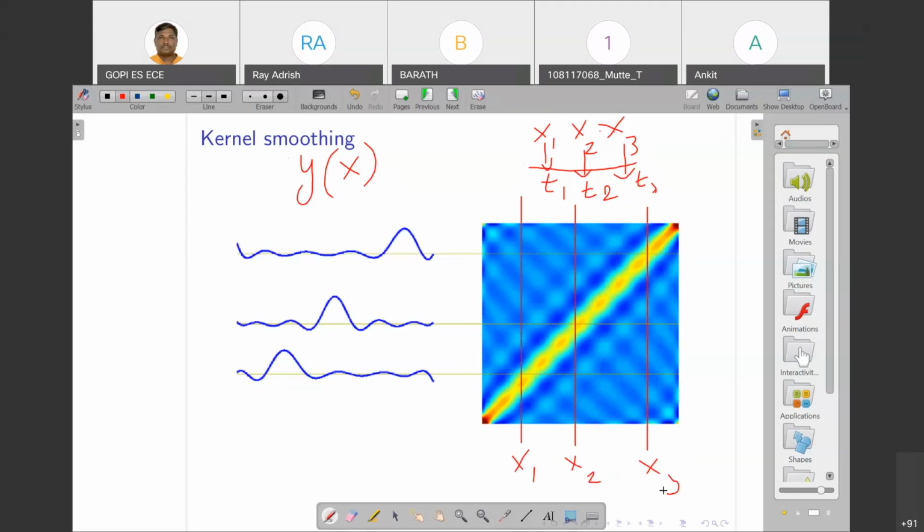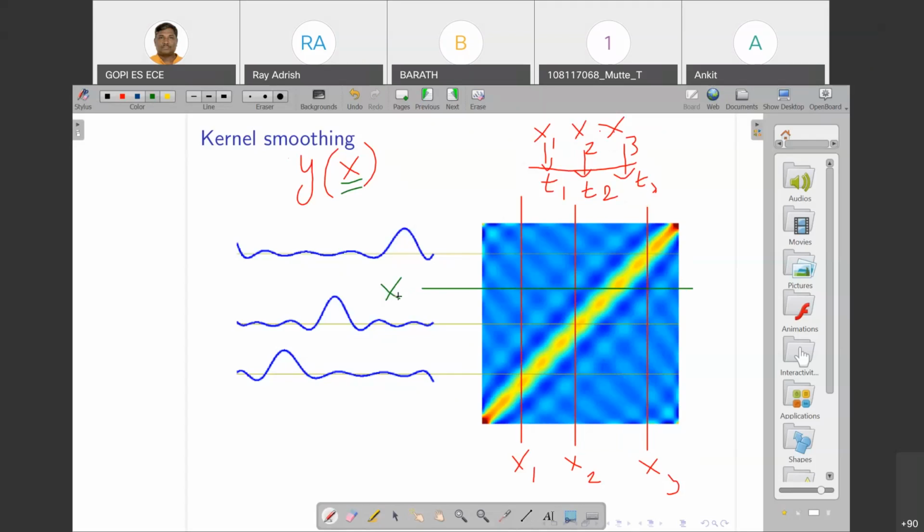If I want to know y of x for some arbitrary x, which you can choose anywhere in the problem, let us say this is going to be your x.